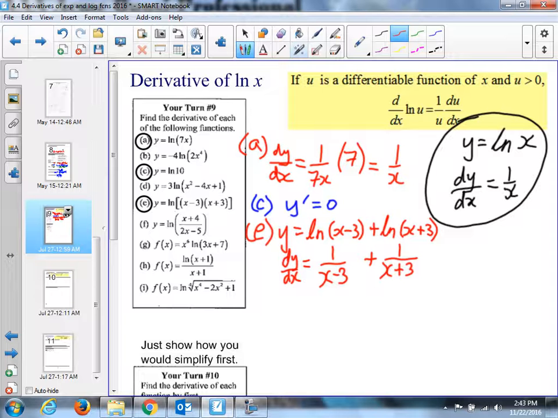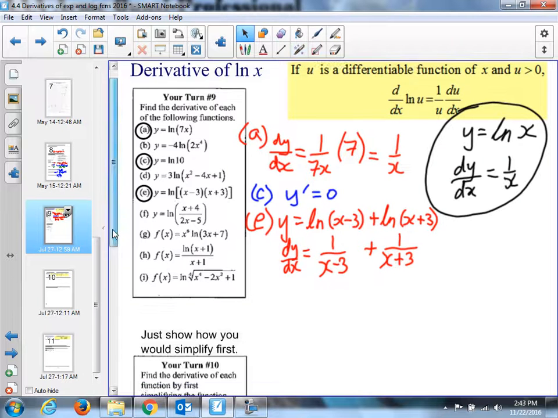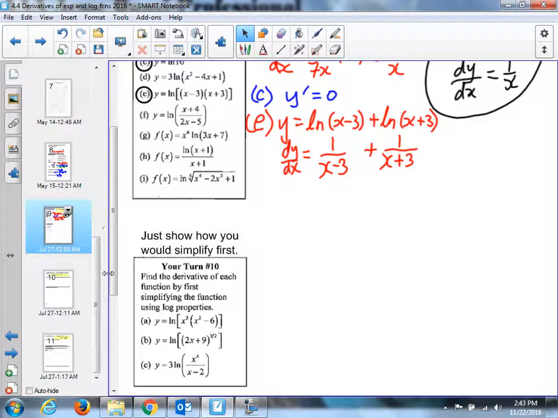Can you combine those? Yep. You guys have got to remember how to do these things. Common denominator. Multiply each one by x plus 3 and x minus 3 and then you combine, right? This is not solving an equation with 0 on one side, so you're not going to get rid of anything.